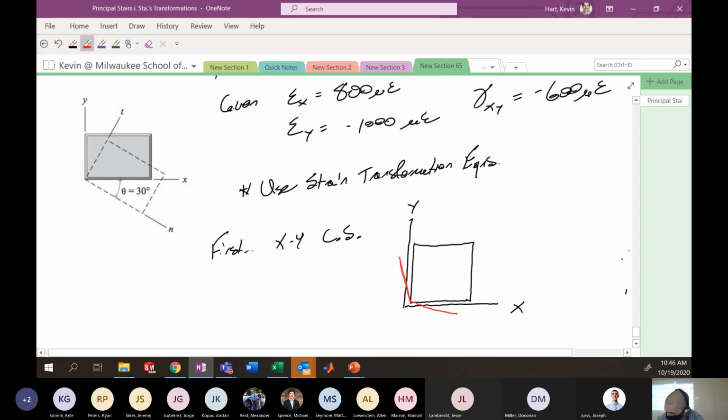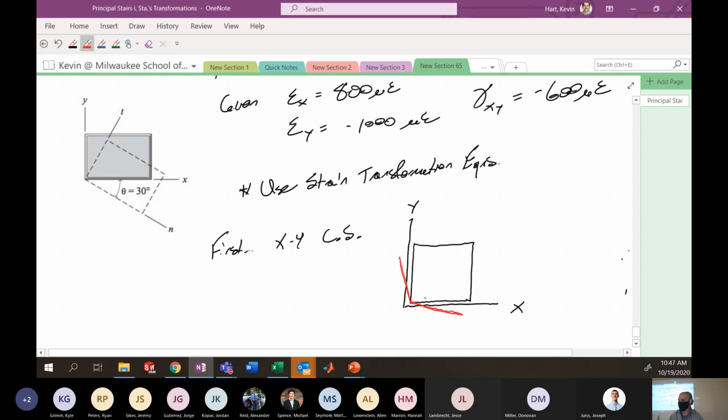So my deformed condition will look something like this. My angle is going to increase, because I'm going to have a negative value over a positive value if we think about the inverse tangent of that angle, right? Negative over positive. Okay.